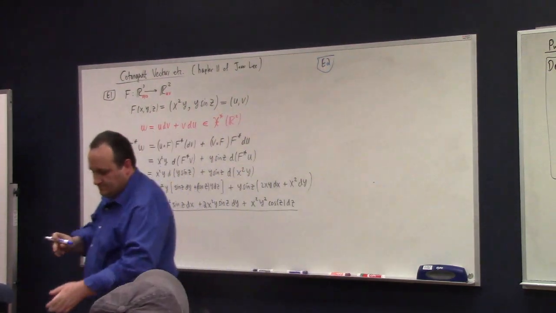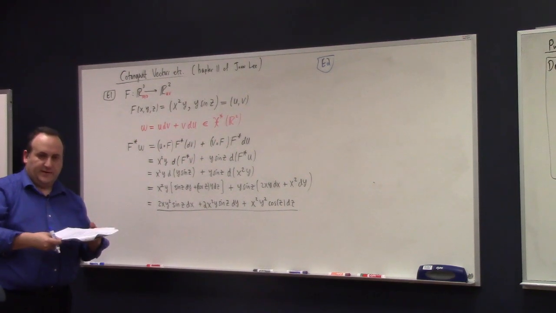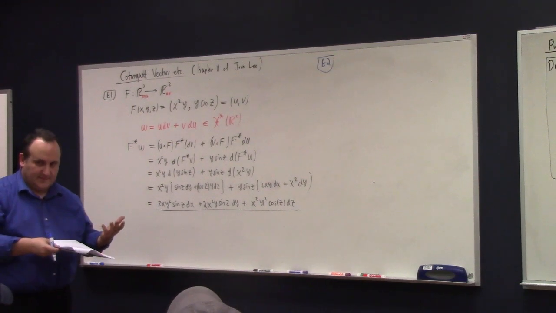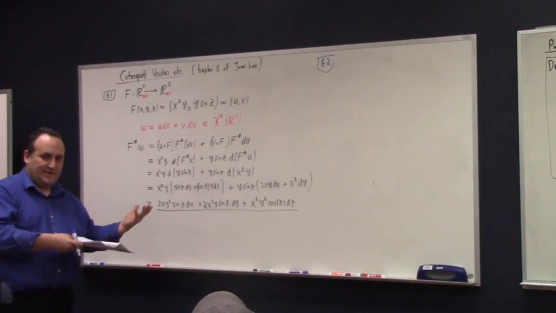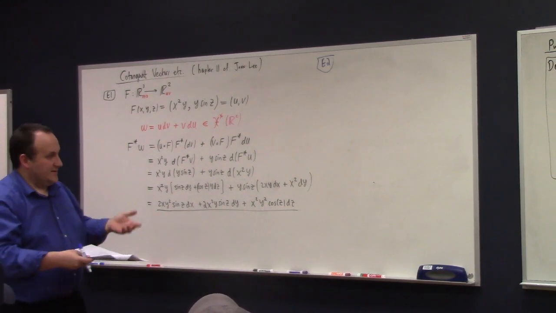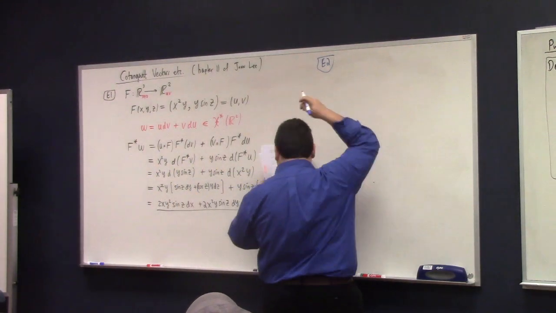Let's do another. So you can understand why I'd like to get to this topic before your test? Yes? These make nice test questions. And believe it or not, you can actually start feeling like you're doing something.